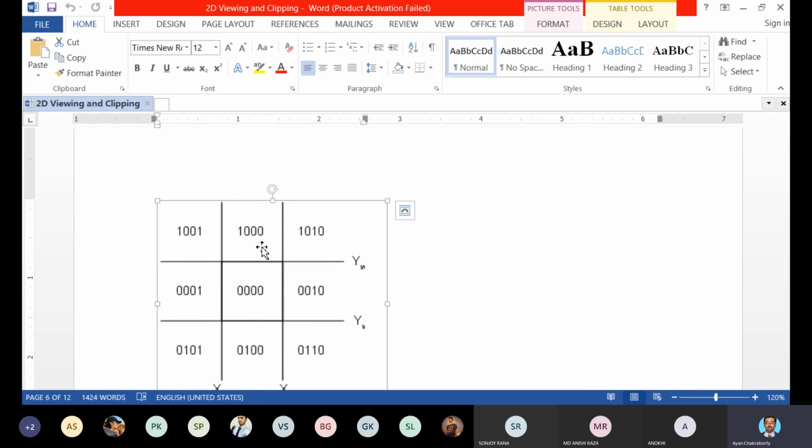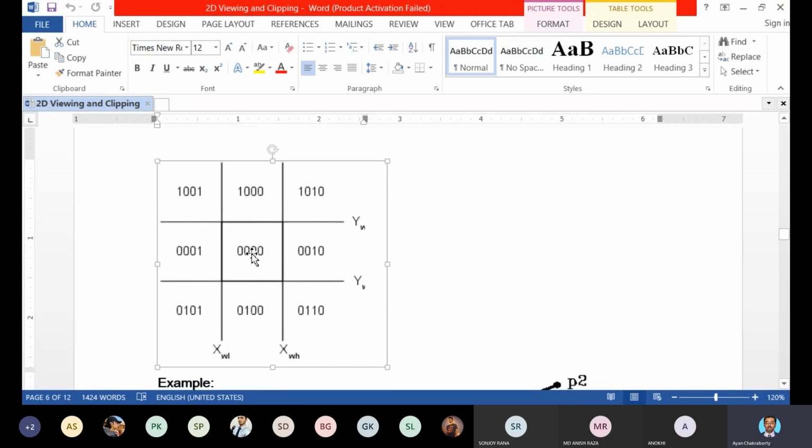Now for northeast, with the same logic, you can find out the region code for northeast, that is 1010. The region code for east is 0010. The region code for southeast is 0110, and the region code for south is 0100.